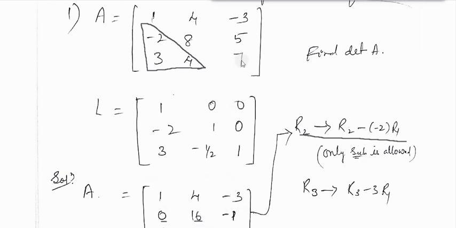Then 5, we'll get here 3 negative signs, so it will become minus: 5 minus 6, which is minus 1. After applying this transformation on the second row, we get the new entries in the second row as 0, 16, -1.